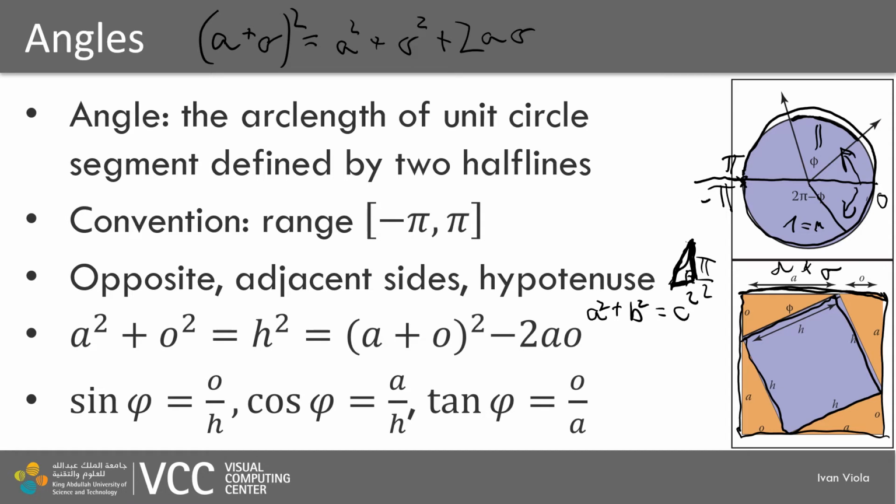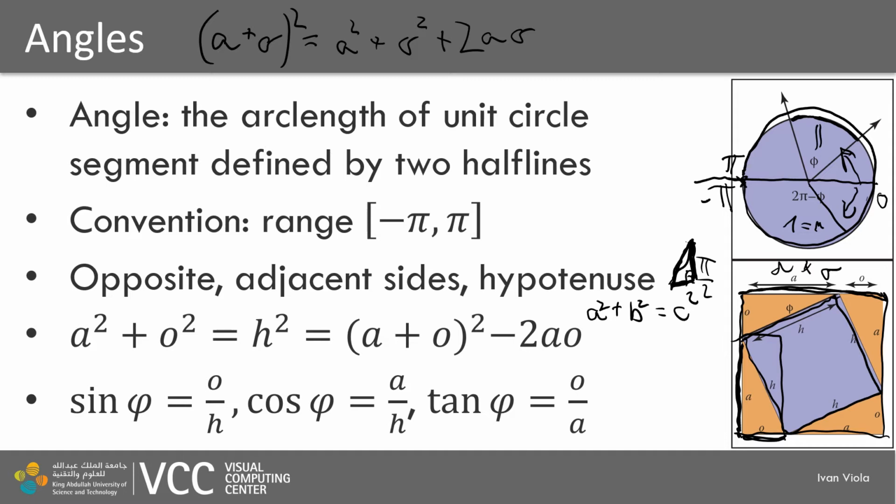So we have this term 2ao, and what does it mean? Let's have a look at the drawing. Here we have, for example, one of the A's. Here we have O's. A times O would be such a rectangle. If we divide it by half, then we have the area of one of these triangles. So AO half will be one triangle. AO will be the area of two triangles. As we can see, we have here 1, 2, 3, 4 triangles. So this is in total 2AO.